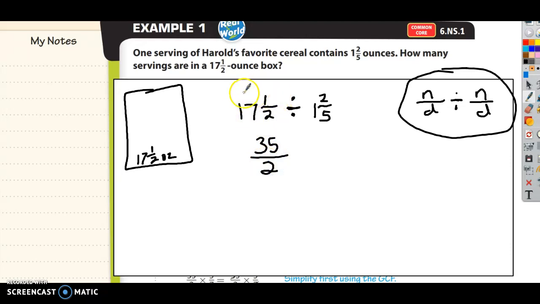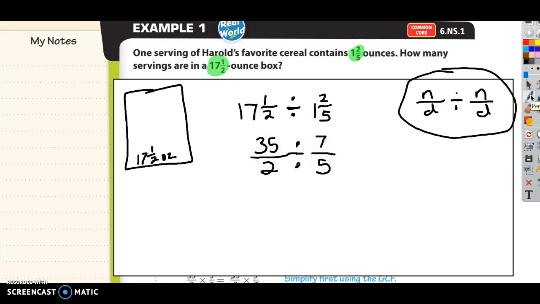Now if you forgot that skill right there, you're going to want to practice converting a mixed number to an improper fraction. Now I'm going to leave this as division for now. I'll change it to multiplication later. And then I'm going to do the same thing to this number. 1 times 5 is 5, plus 2 is 7, 7/5. So the first step is to take your numbers and convert them into improper fractions. So 17.5 is 35 halves, and 1 2/5 is 7/5.